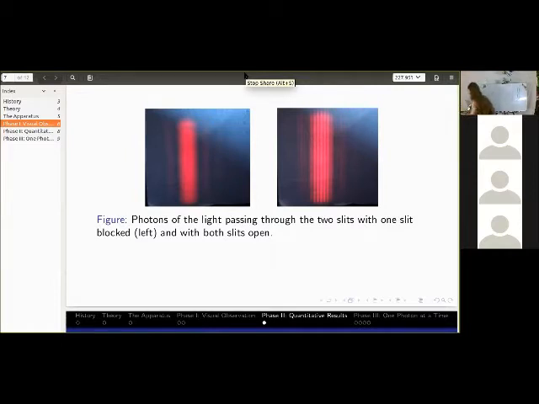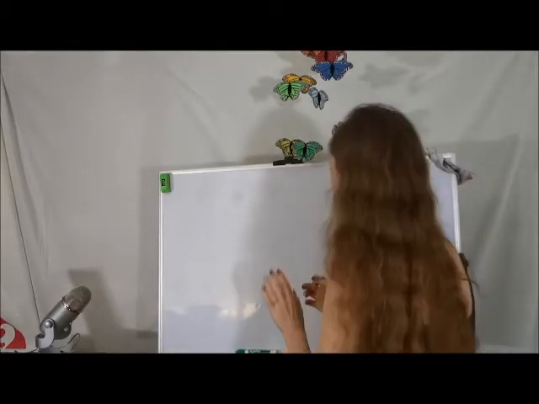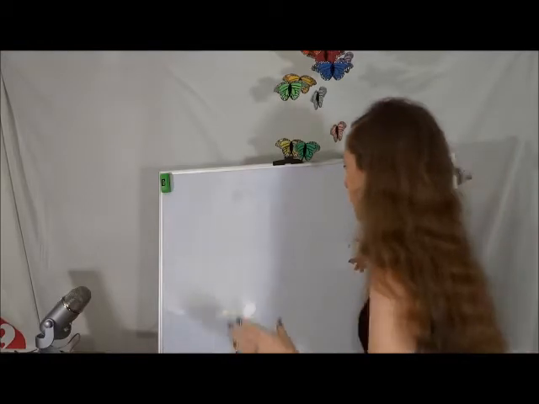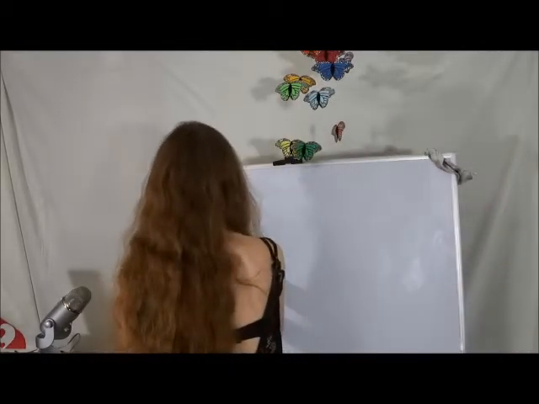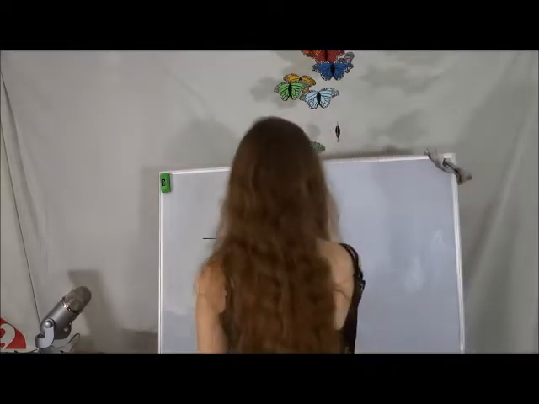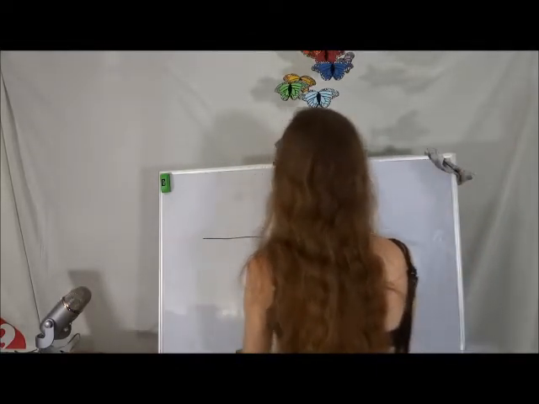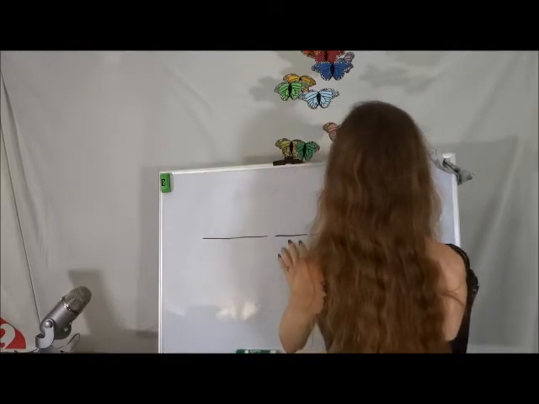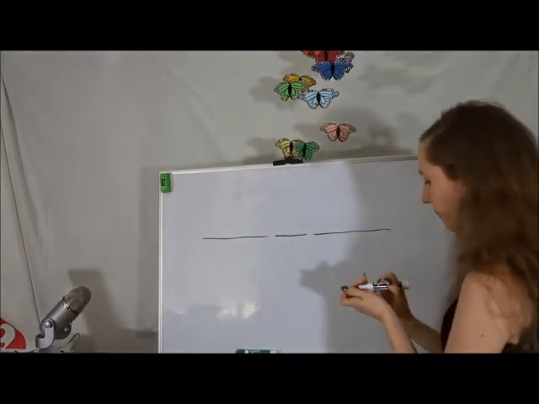To understand this, it's helpful to think about light as spherical waves. As a reminder, our double slits have to be really small for this to work, but I'm going to draw it really big so you can see it. If we turn the slit on its side, or look at a top-down view, we have a slit, a separation space, and then our other slit.